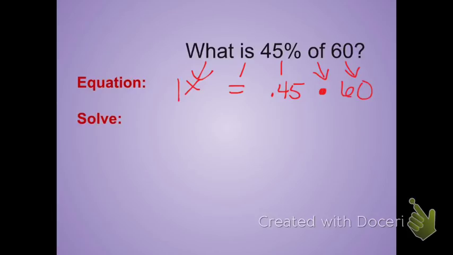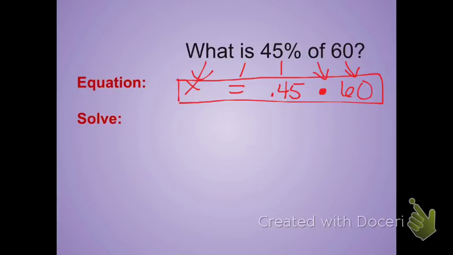So now we have taken our problem, what is 45% of 60, and we've made it into a math problem. X equals 0.45 times 60. Okay, now, can you solve that problem? Yeah, all you have to do is multiply 0.45 times 60.